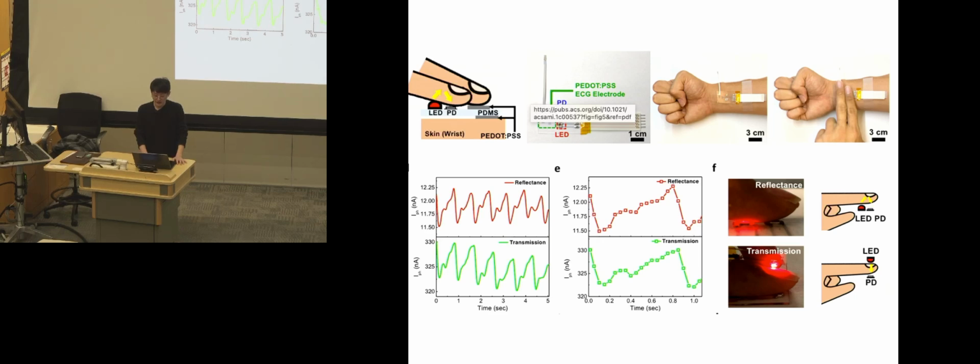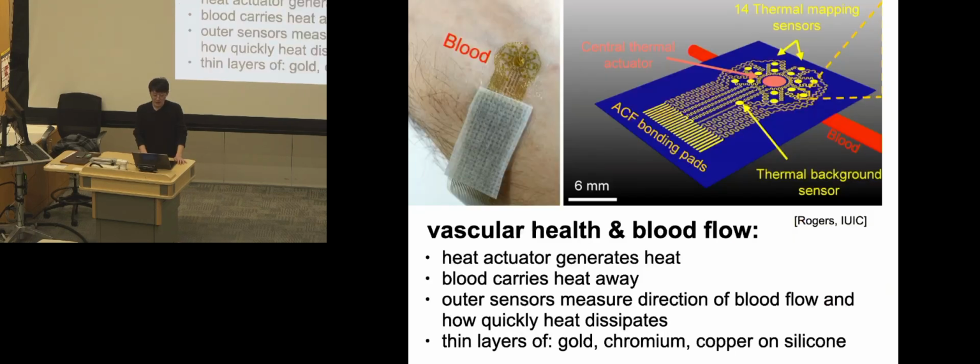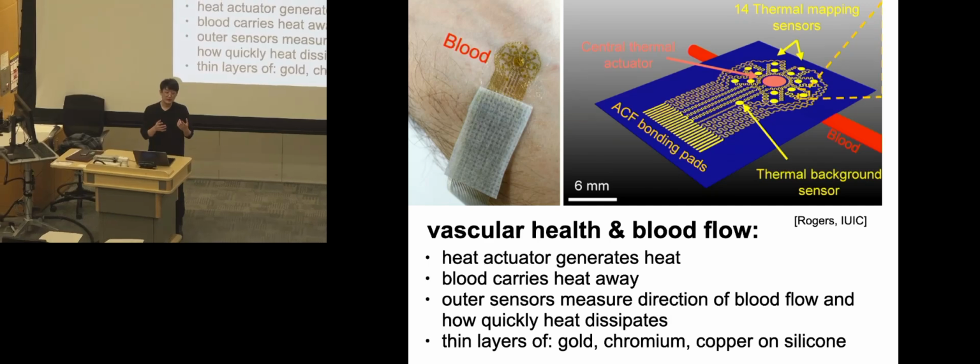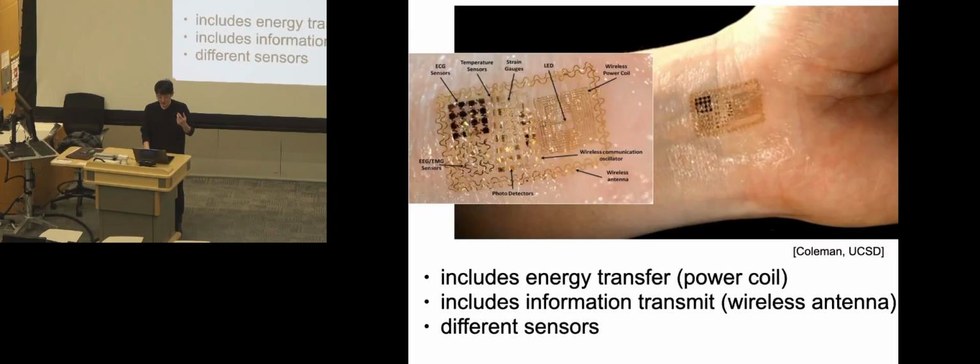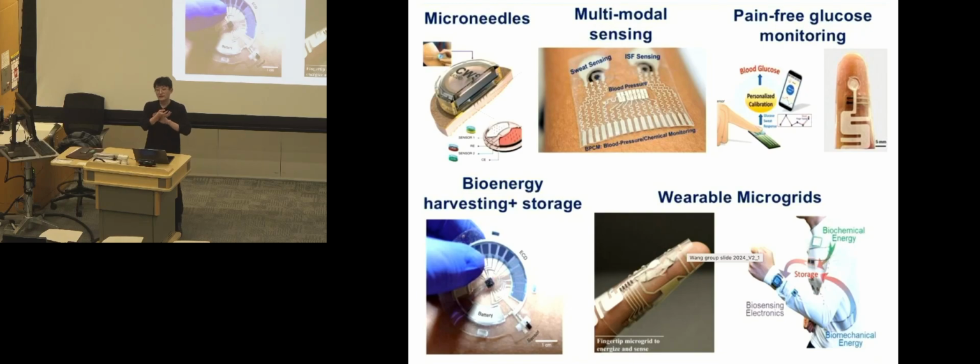A little bit more advanced, we have electrochemical detection, where they look at either your blood flow by different temperatures in different areas, or at some of the biomarkers on your body.